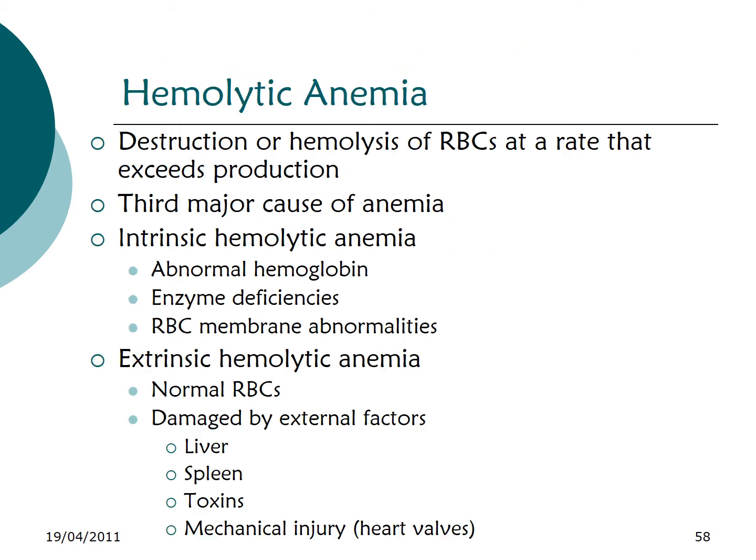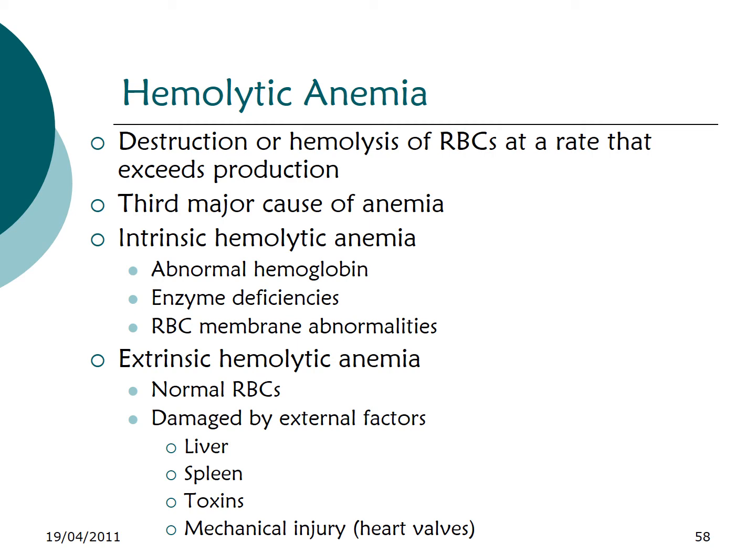Next slide. So hemolytic anemia is destruction or hemolysis of red cells at a rate that exceeds production. It's the third leading cause of anemia. Intrinsic hemolytic anemia involves abnormal hemoglobin, enzyme deficiency, or RBC membrane abnormality.